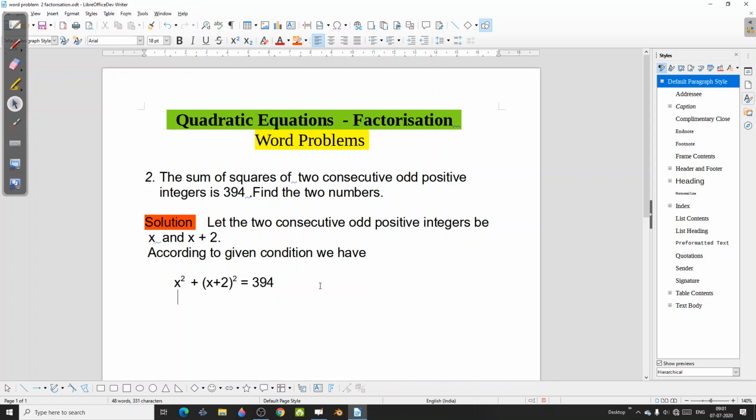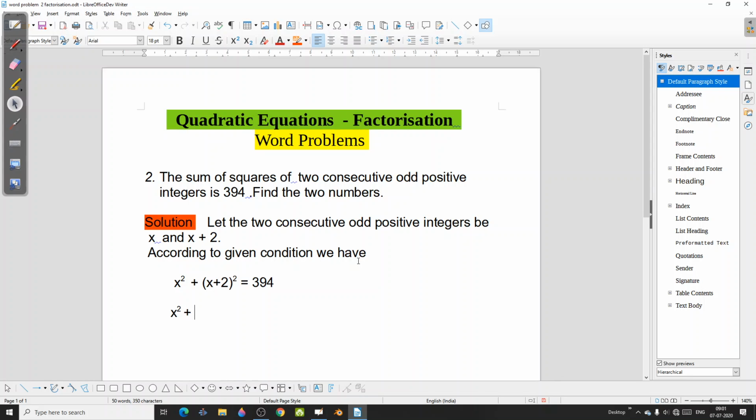So this will give us x square, then plus, we will expand x plus 2 whole square. The formula we know, that is a plus b whole square equals a square plus b square plus 2ab.